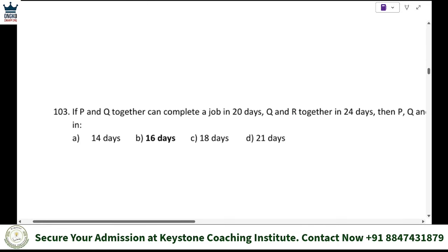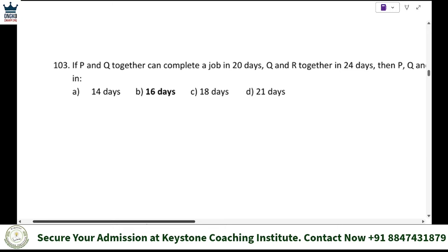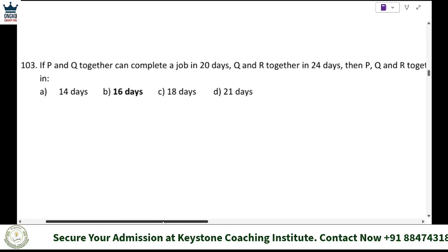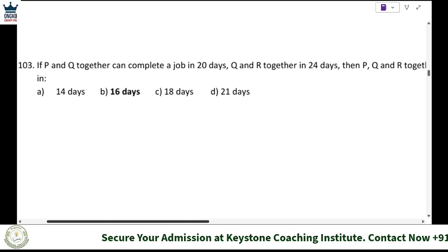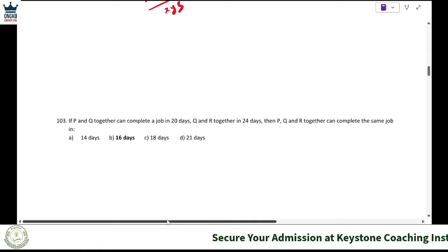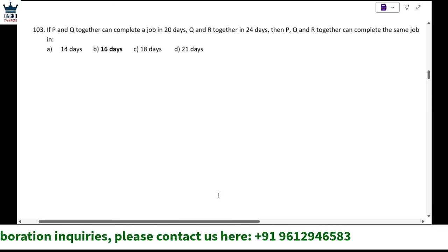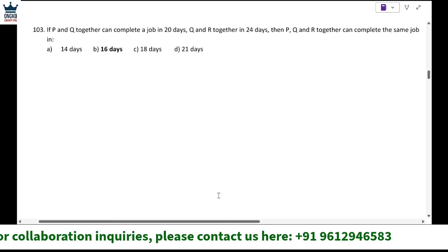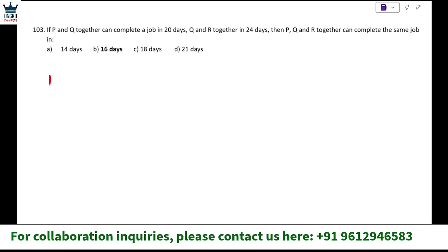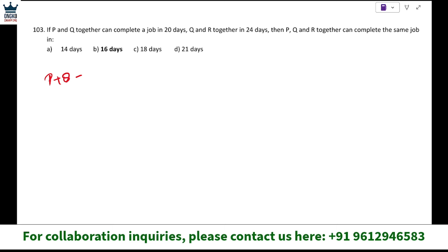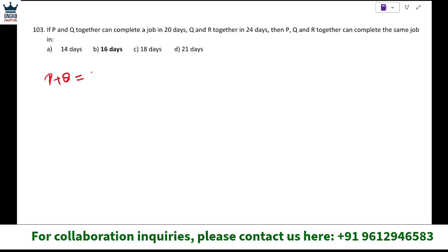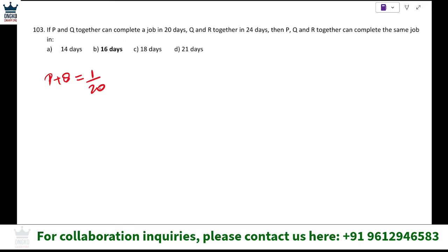Okay. What do we have here? We have a question from time and work. Right, we have time and work. Okay. So if P and Q together can complete a job in 20 days, that means P plus Q together come to 20 days, so 1 day work will be 1 by 20.